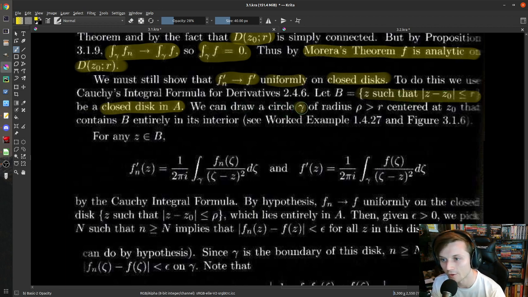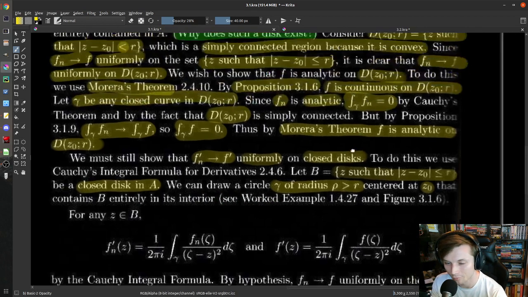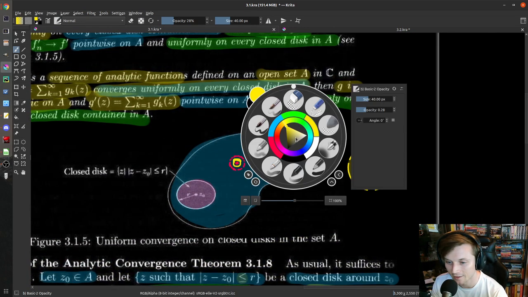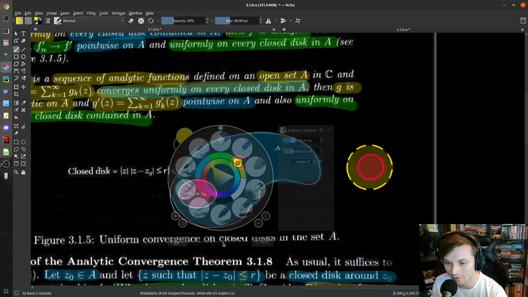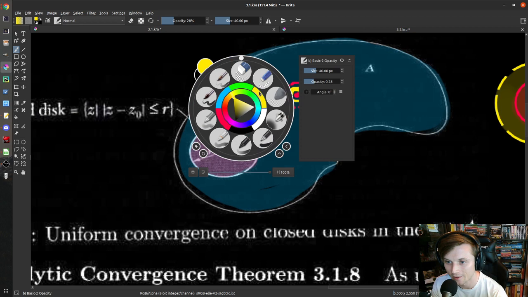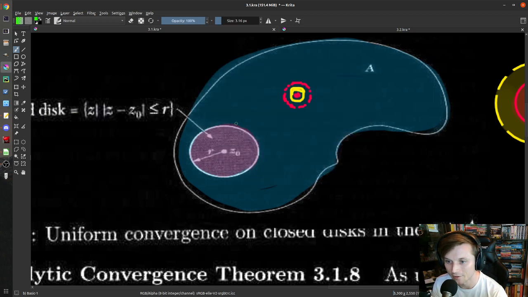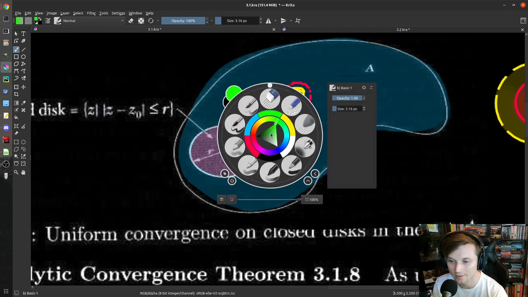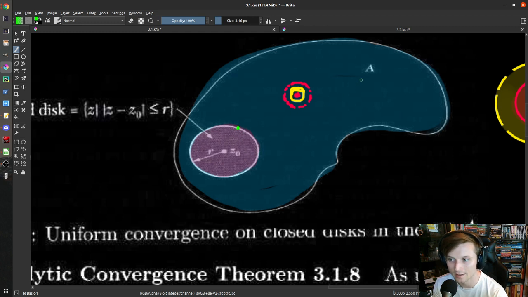So we can draw a circle gamma of radius slightly bigger, centered at z naught, that contains B entirely in its interior. Now they tell you to go look at some worked example, but this is a very obvious fact. We can even zoom in a tiny bit right here. This is sort of a terrible picture, but it should suffice. Pick any point on the boundary of a closed disk contained in a set A. Since that point is in A and A is an open set, we can always find a little tiny open disk around that point that is entirely within A. We can do that at every single point.